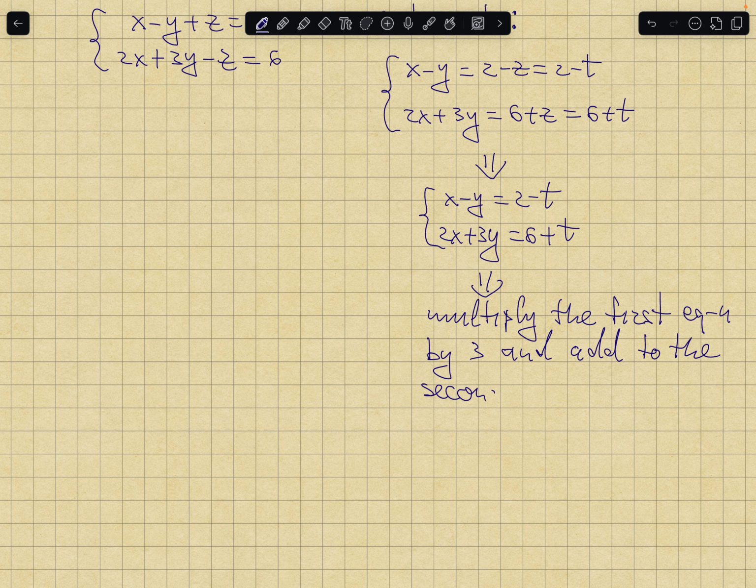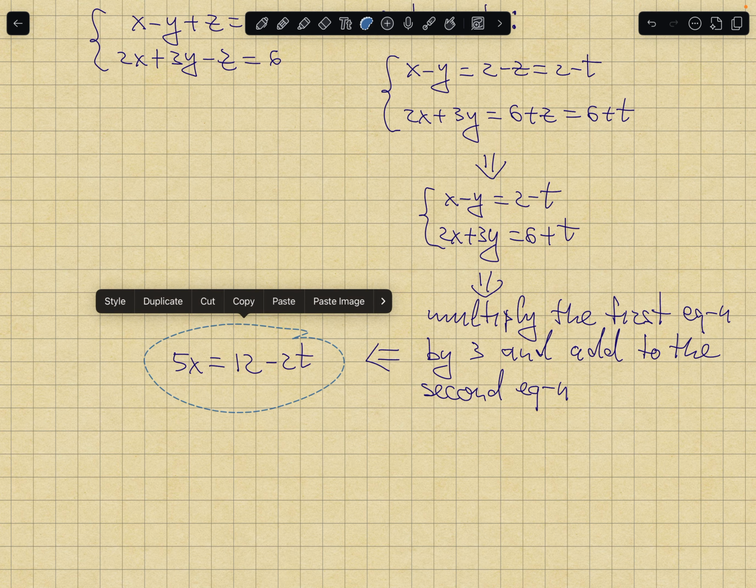So what that will do, it will cancel y, and you will get 5x plus minus 3y plus 3y, that is 0. Then 2 times 3 is 6, that's 12. And then minus 3t plus t, minus 2t. So you're going to get that as a result.